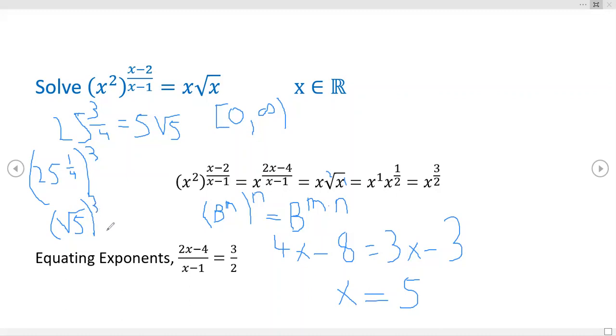That's root 5 times root 5 times root 5. Two of the root 5s combine to give you 5, and so that does work out to 5 root 5. So we did check the answer and it does work out. So this is the answer to the problem. X equals 5 is certainly the answer, and the check came out.